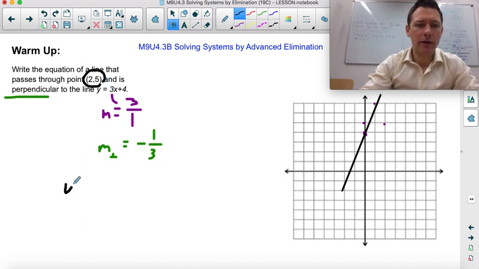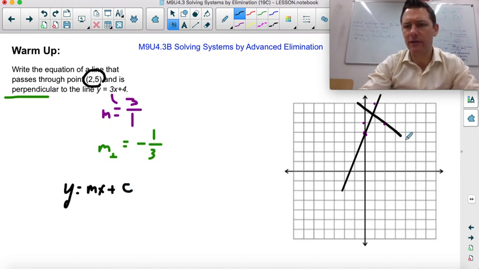Great, so we want that slope, but we want this point. So I want this to look like y equals mx plus c, but I want to use that point (2, 5). I don't really know what the c value is. The c value is like where this perpendicular line intersects the y-axis, and I don't really know where that is, but I know that this x value and this y value work for this equation.